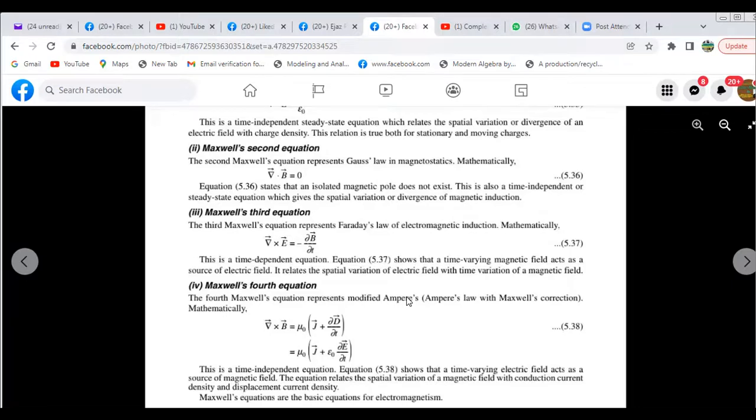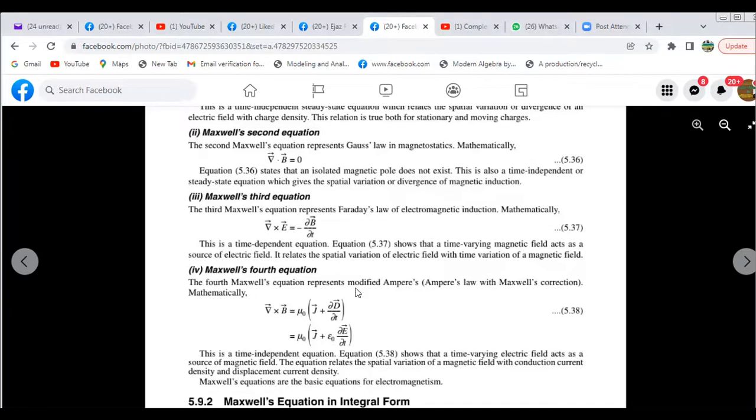Now Maxwell's fourth equation. This fourth Maxwell's equation represents the modified Ampere's law, or Ampere's law with Maxwell's correction. Mathematically, curl of magnetic field can be represented as mu naught into J plus the partial derivative of capital D with respect to time.